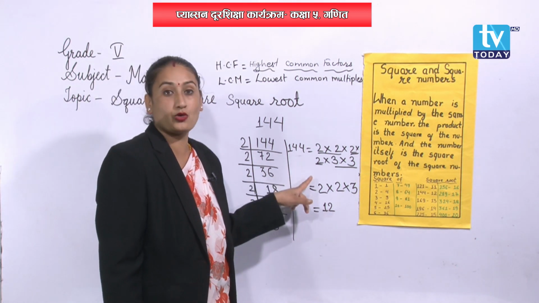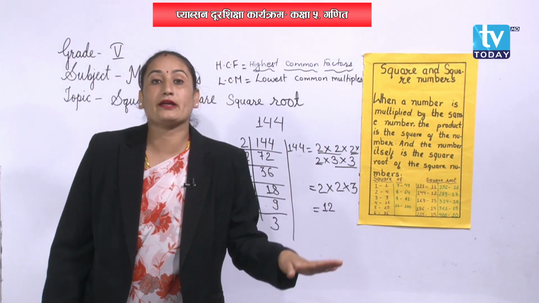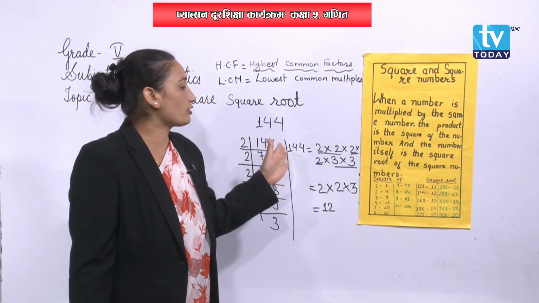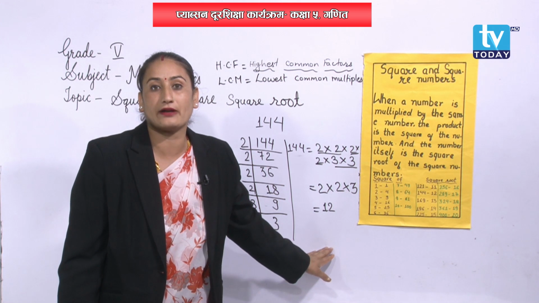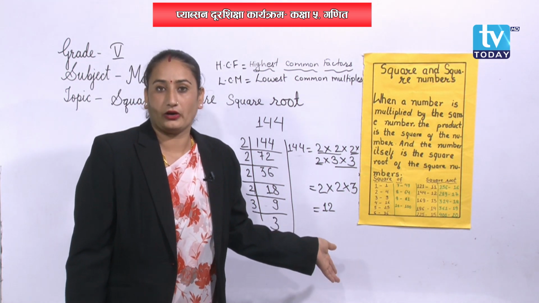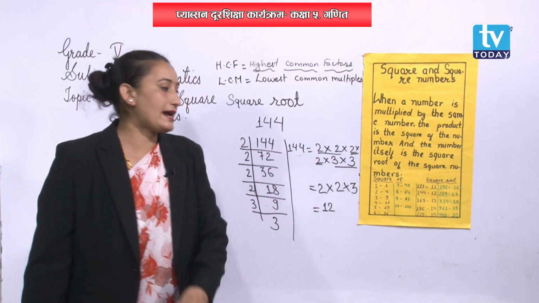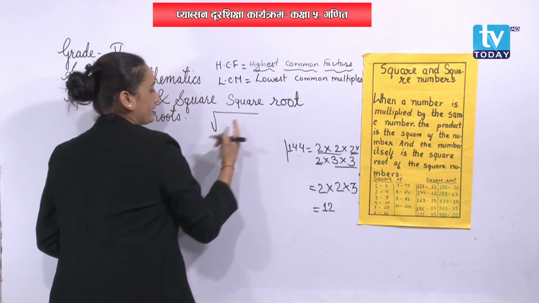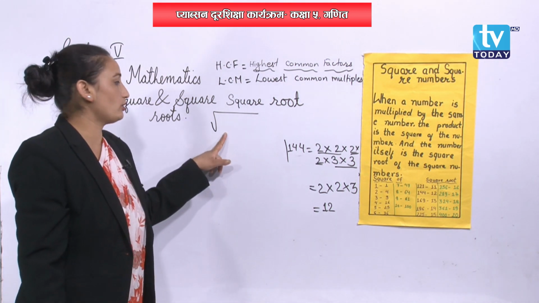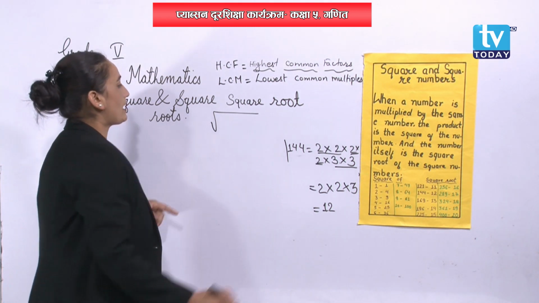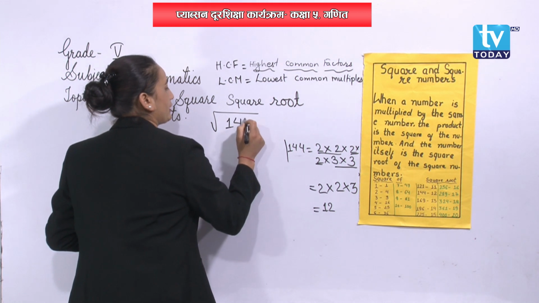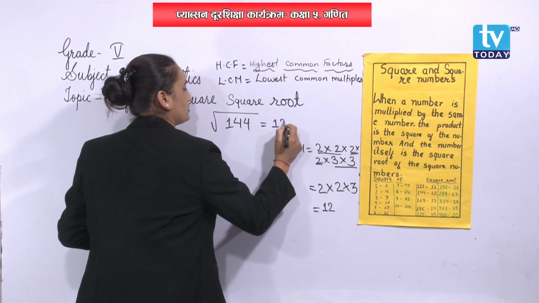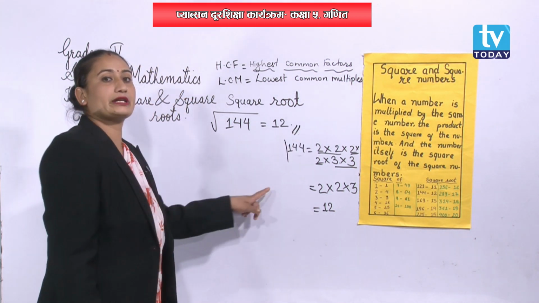So the square root of 144 is 12. Reverse. Okay. This one is the symbol for the square root. The square root of 144 can be written as 12. Can we write it this way?